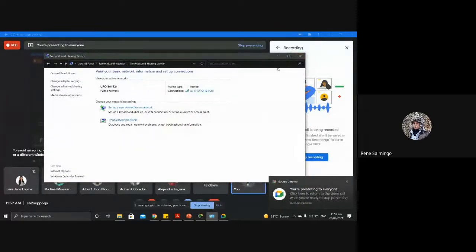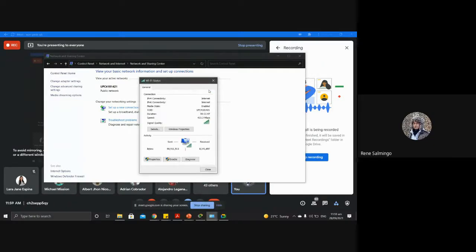For example, if you have your Network and Sharing Center in your computer, you have to go to your connections. You click this one, your status, and you go to the properties.